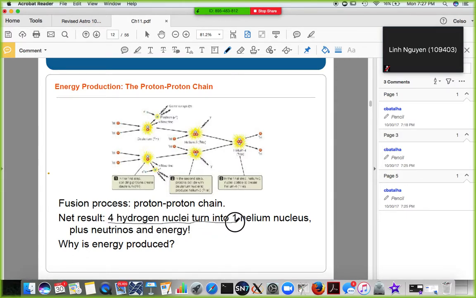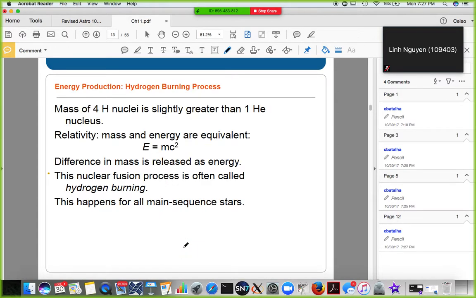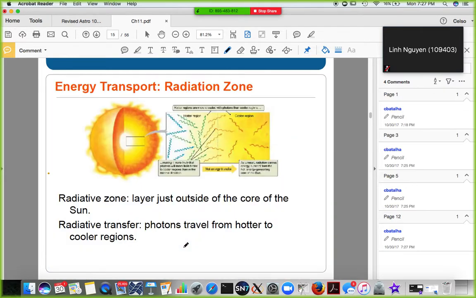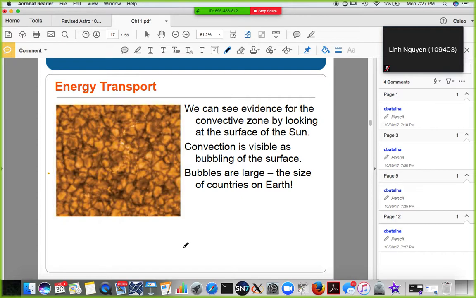There we go. Plus neutrino and gamma rays. And that is pretty much our solar interior.